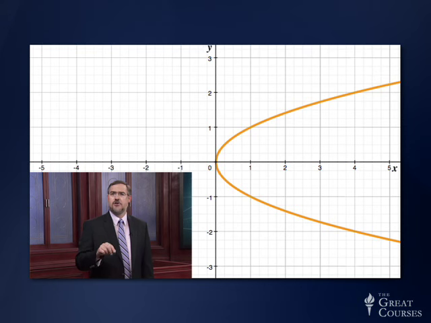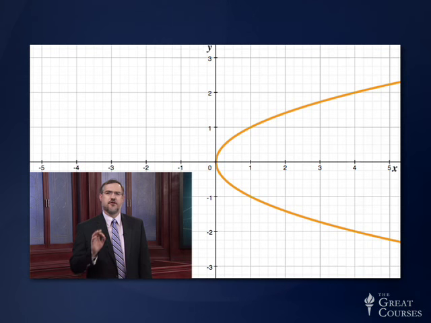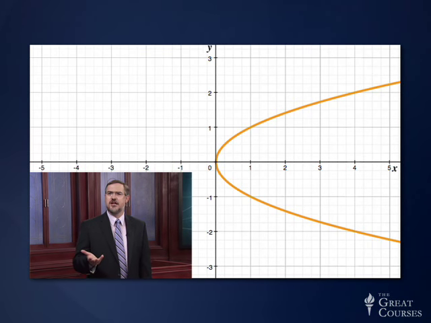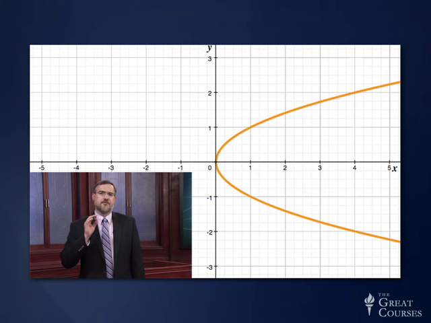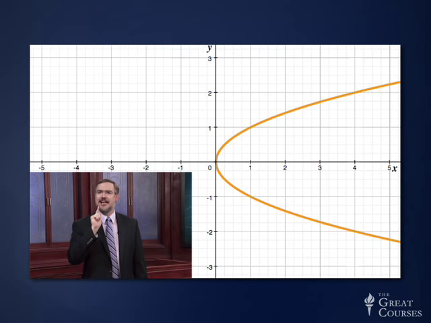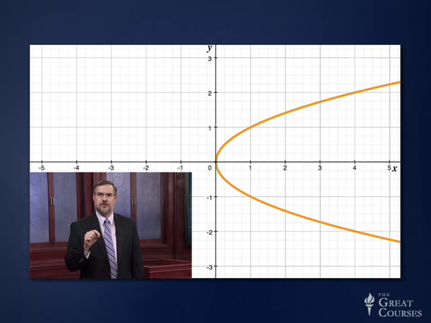Several lessons ago, I talked with you about graphs of functions and something called the vertical line test. You remember what the vertical line test says? It says that if a vertical line can be drawn that crosses a graph in at least 2 different places, then that graph cannot be the graph of a function.